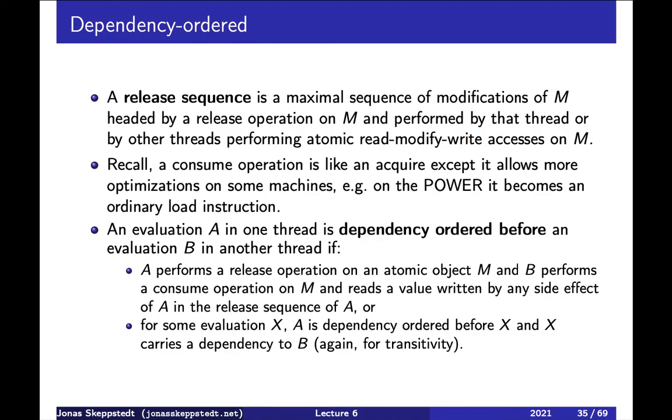Alternatively, and again for transitivity, if for some evaluation X, A is dependency ordered before X and X carries a dependence to B, then A is dependency ordered before B.